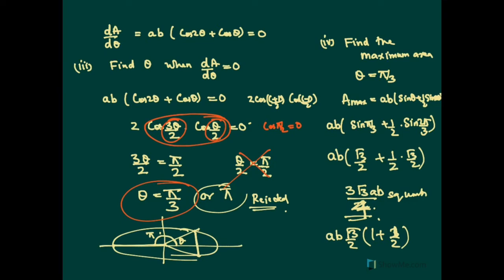Remember, sine of 60 is root 3 by 2. And sine of 120, what is sine of 120? Sine of 180 minus 60, that is also root 3 by 2. Hence, we got half into root 3 by 2. Taking root 3 by 2 common, 1 plus half becomes 3 by 2. So 3 root 3 by 4 AB. That is the maximum area.